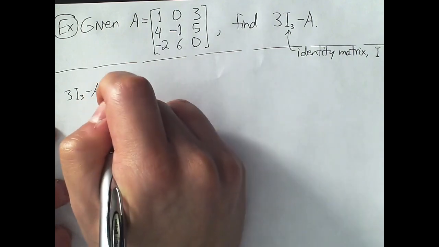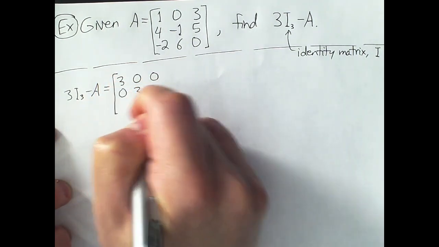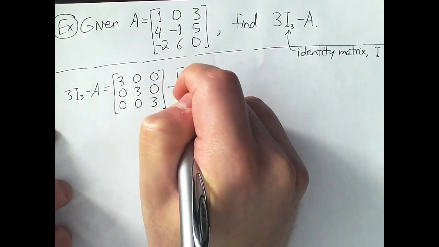Anyway, what's 3 times the identity matrix? That's going to be 3, 0, 0, 0, 3, 0, 0, 0, 3, and then subtract the given matrix from it.